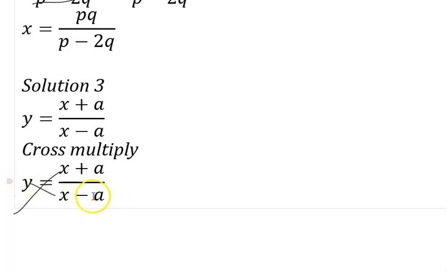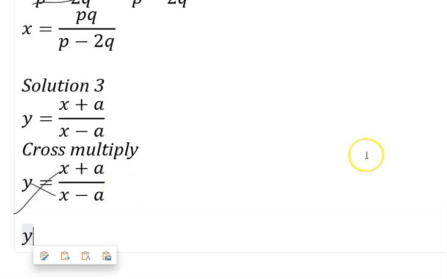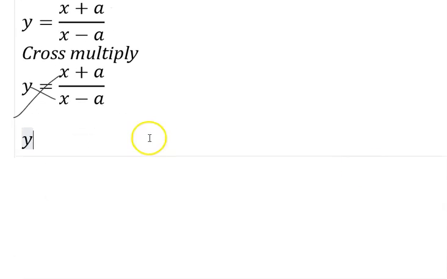We say y multiplied by all we have here. Awesome. So we now say y times what we have here, x minus a.